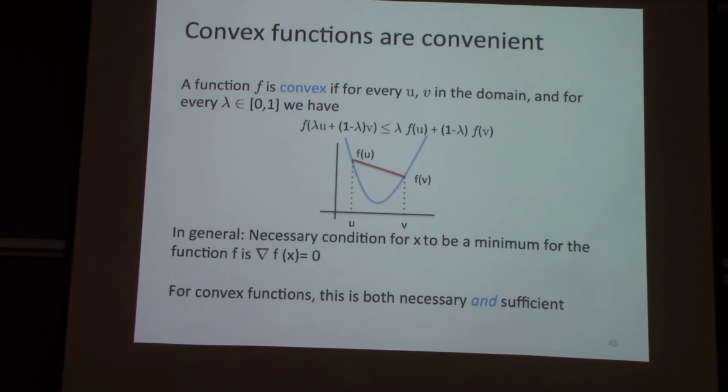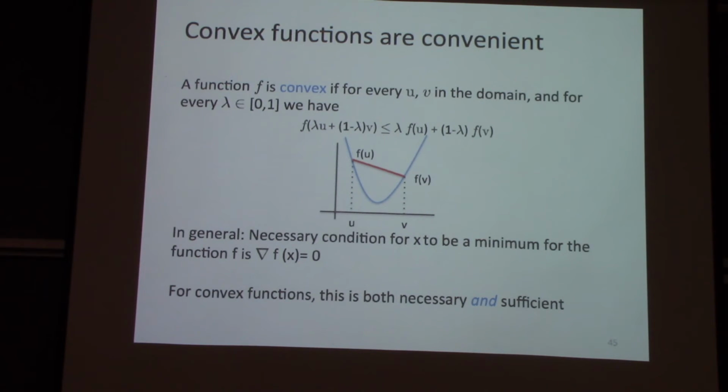So why are convex functions good? If we don't know the convexity of the function in general, and we want to find the minimum, a natural thing to do is try to find a point where the gradient is 0. The gradient is like a generalization of the derivative in the high dimensional case.